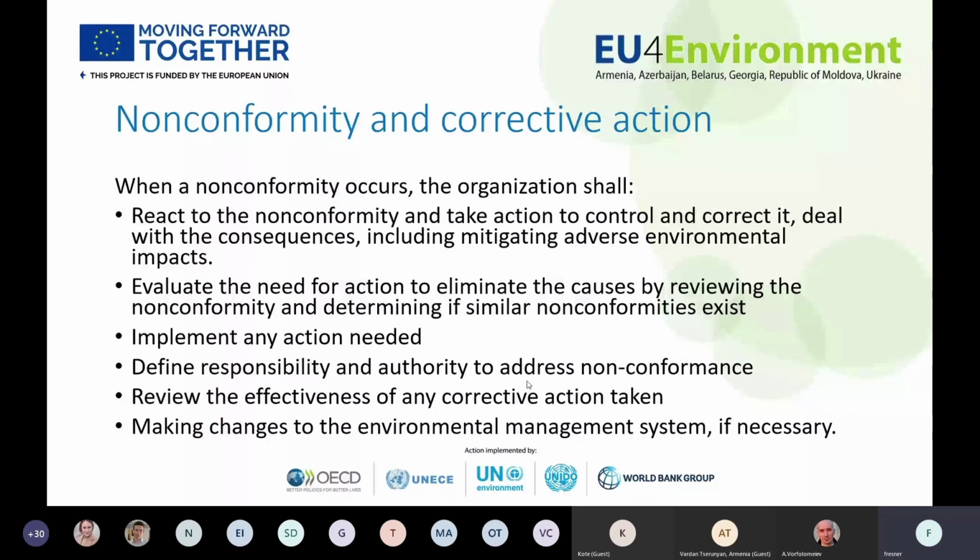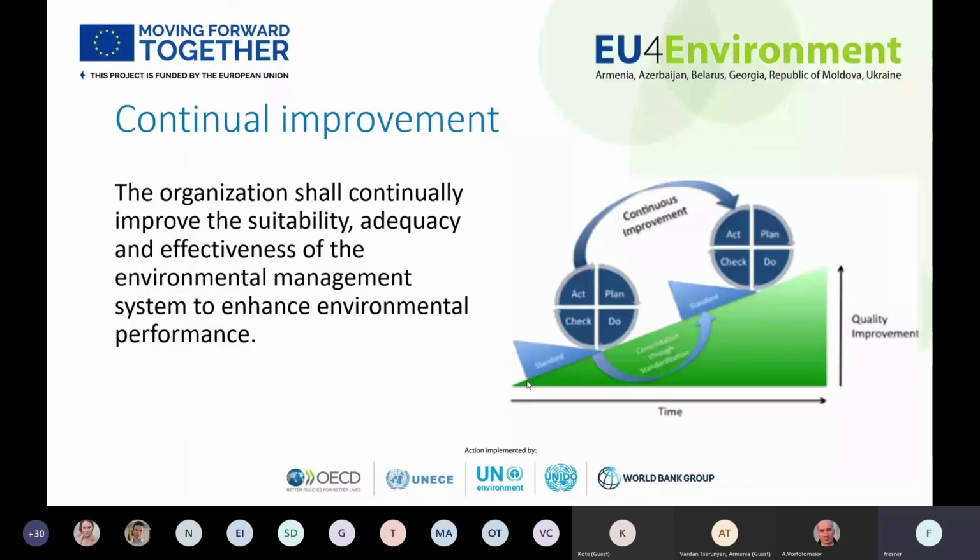But the key message of this section is, in case there is non-conformity, there must be a plan what should happen. So all in all, we are back to one of the initial slides. This management system shall support continuous improvement.